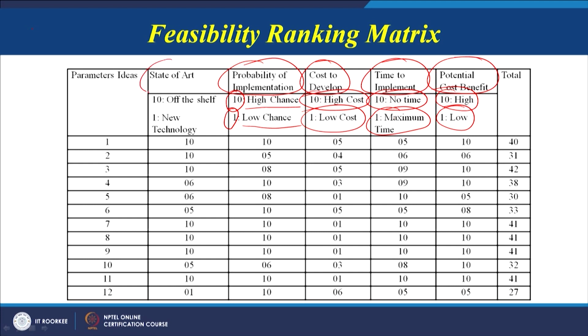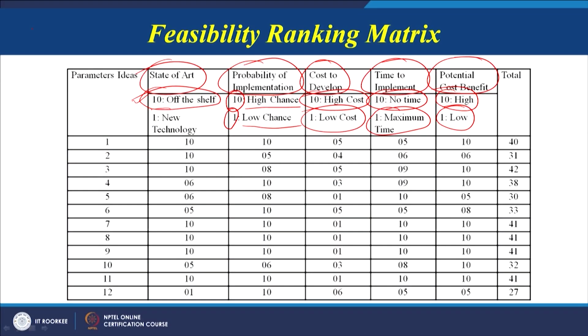Similarly, state of the art: sometimes the change that we are suggesting is right there available with us, that is off the shelf, we need not do any research, we need not do any fundamental science or experiments to establish the idea. It is already existing, we are just implementing it in our product. Off the shelf, score is 10, but if we have to develop a new technology, score is 1.